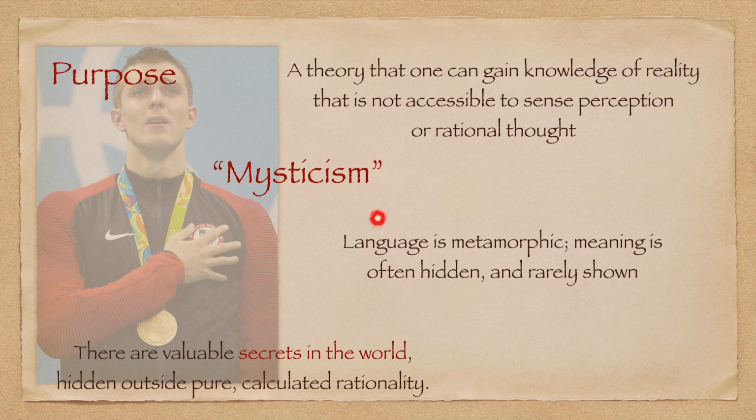And in a situation like this, Burke says the language, and he means, again, loosely, he means symbol systems, the language goes through this sort of metamorphosis. It's kind of always adjusting, changing, adapting. And it has to do that because real meaning, the real stuff that matters, the secrets of the world, are often hidden, and they rarely just show themselves and appear.